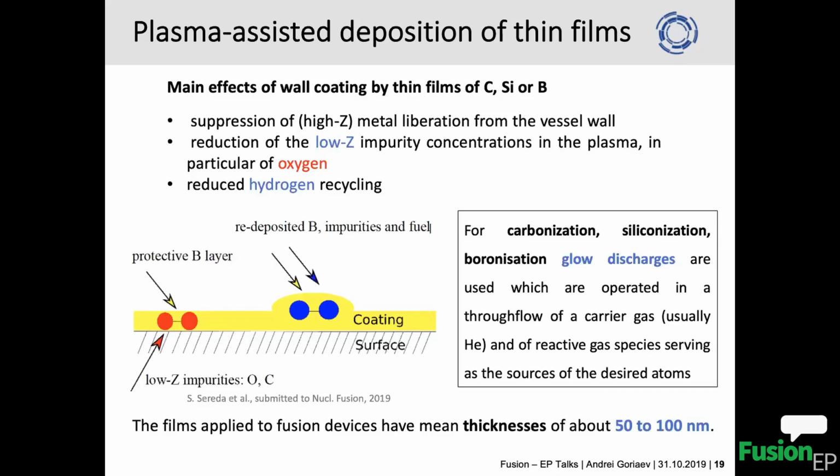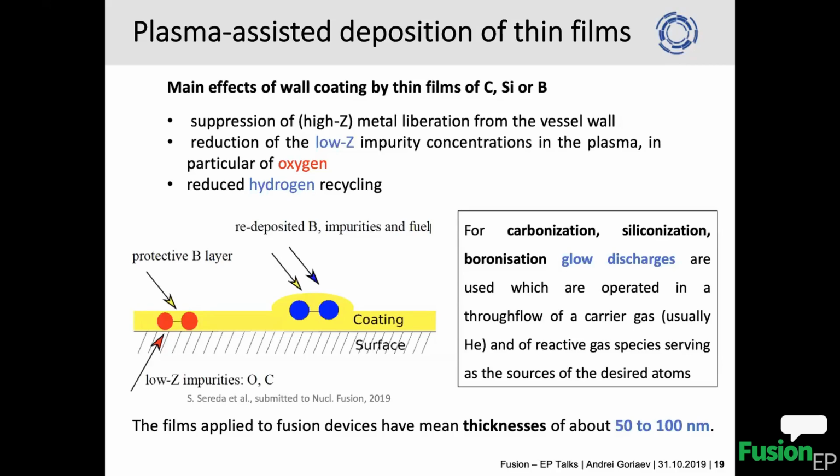You cover your walls with a carbon, silicon, or boron layer. Usually glow discharge is used, applied in a mixture of gas. There should be a carrier gas, usually helium, and a reactive gas, depending on the type of film deposition you want to apply.